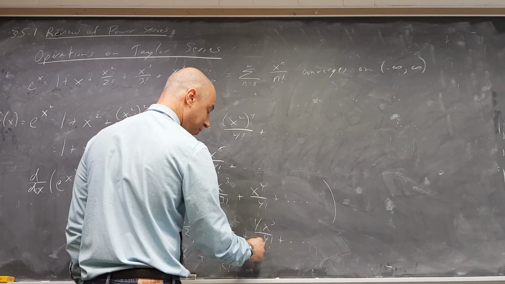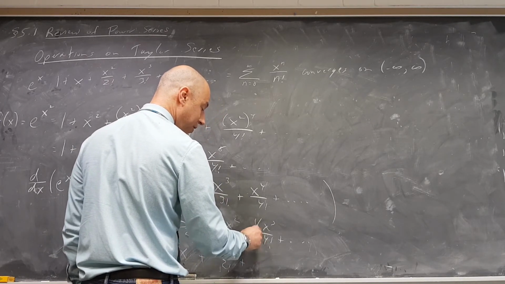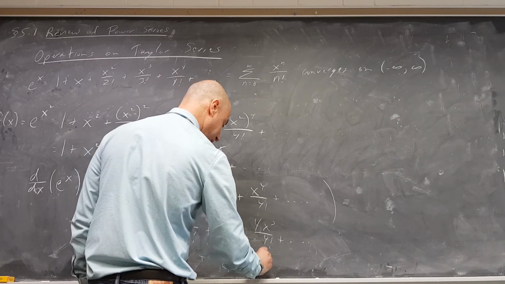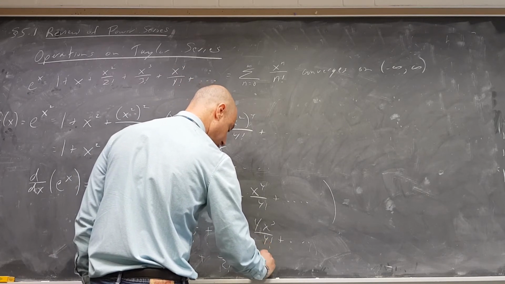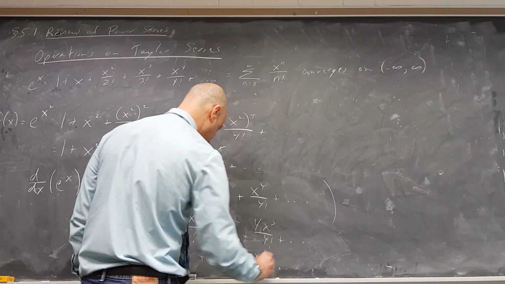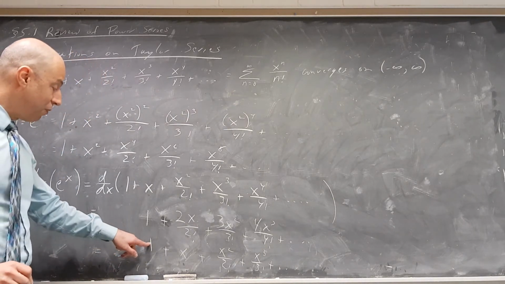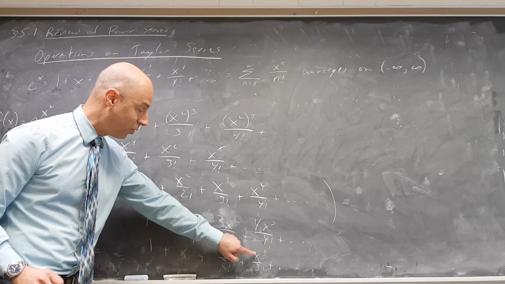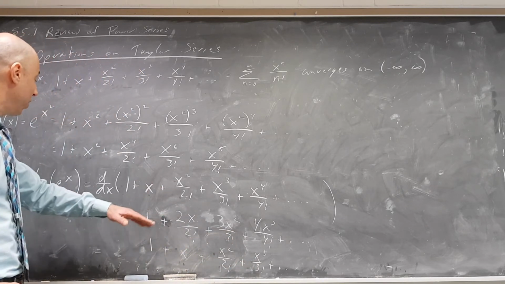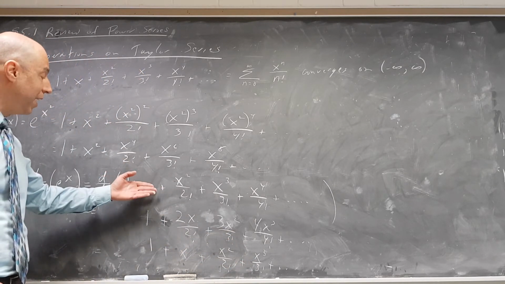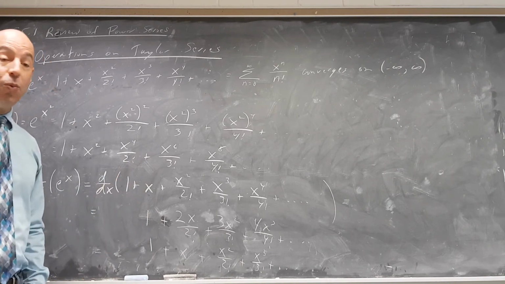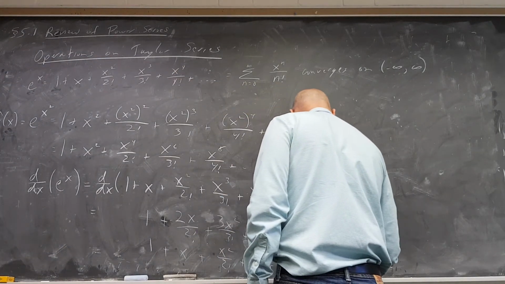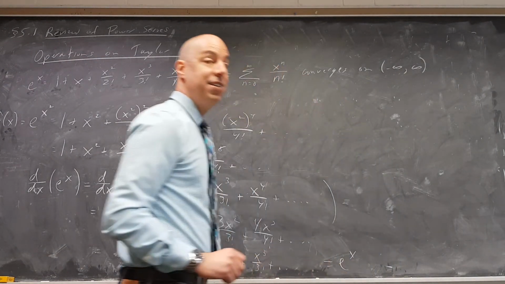The 4 cancels with the 4 in the 4 factorial, so we're just left with x cubed over 3 factorial plus, and so on forever. And you have 1 plus x plus x squared over 2 factorial plus x cubed over 3 factorial. In other words, you have the original Taylor series for e to the x, which isn't surprising because the derivative of e to the x is e to the x.